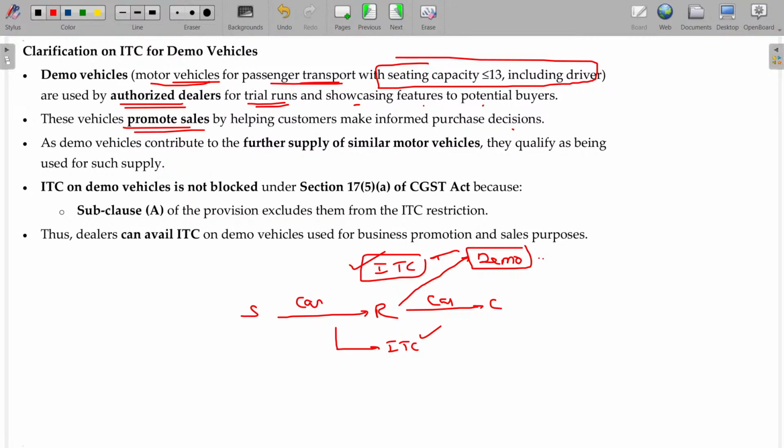As demo vehicles contribute to the further supply of similar motor vehicles only, they qualify as being used for such a supply alone. ITC on demo vehicles is not blocked under section 17 and its sub-clause. The provision excludes that ITC restriction. So for this it is available. Dealers can avail ITC on demo vehicles used for business promotion and sales purposes. It's a clarification.